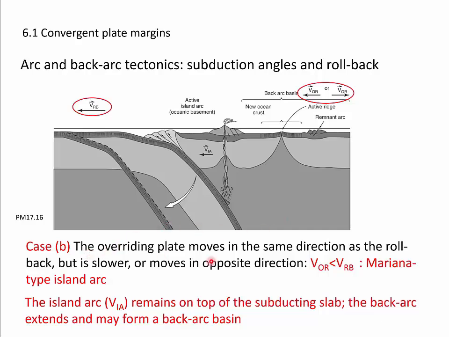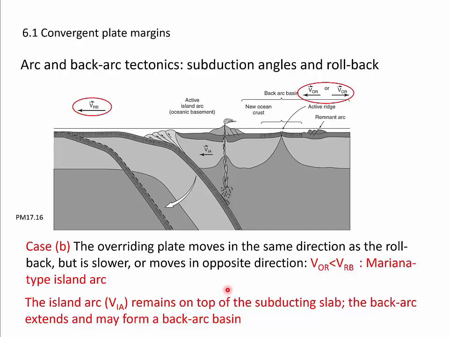The overriding plate needs to move in the same direction as the rollback, but is slower, or it even moves in the opposite direction. The Mariana Island arc is one of the possible examples where processes like that take place. Of course, the island arc has to remain on top of the subducting slab.